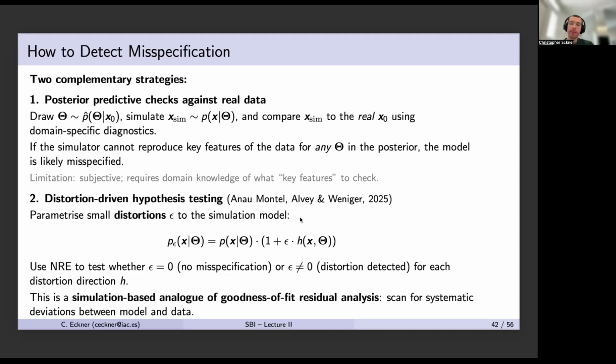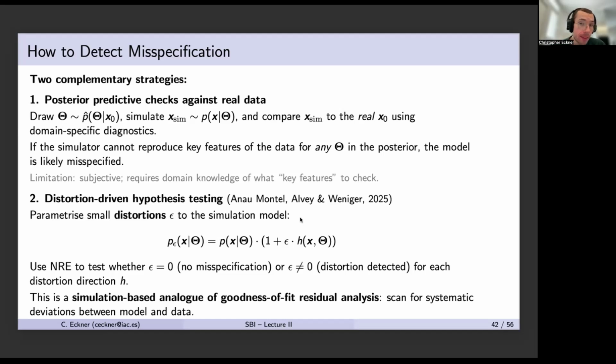which in fact, honestly, is true for all of what I'm now going to say. But you have at least some more generic handles in the second version, which has been addressed and analyzed in the past year in the literature, called distortion-driven hypothesis testing. The idea is that you can parameterize distortions to your model with some little epsilon modulation.